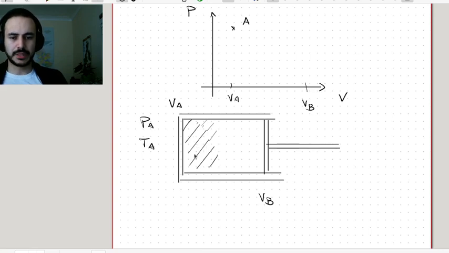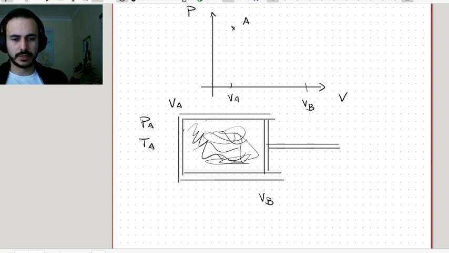The density of the gas on this side is still the same as before, and the pressure is still PA here. But the pressure on this side is zero. The gas will soon realize that there is a void, there is vacuum, and it will want to expand against vacuum. Then gradients of pressure and density will occur, with probably complicated turbulent motion of the gas, and so on.